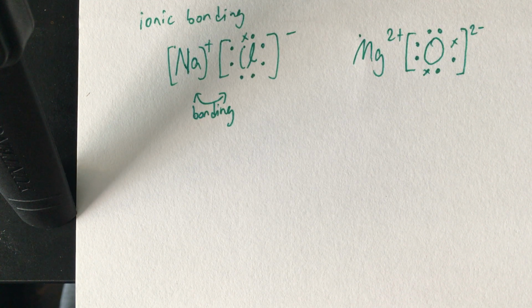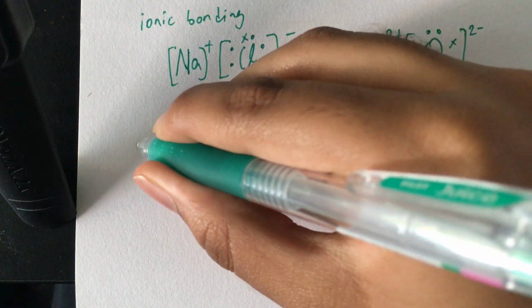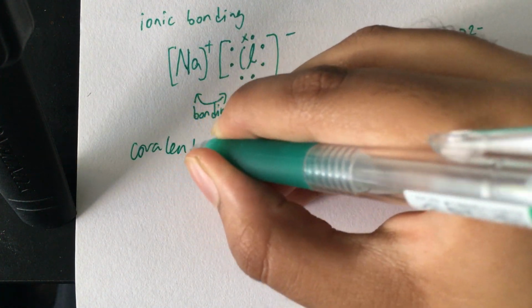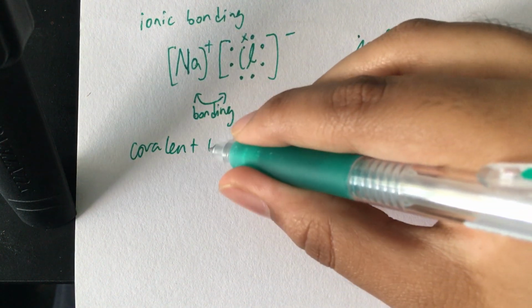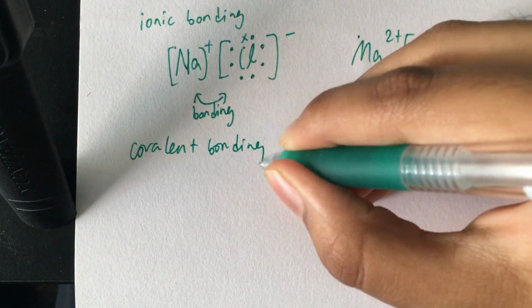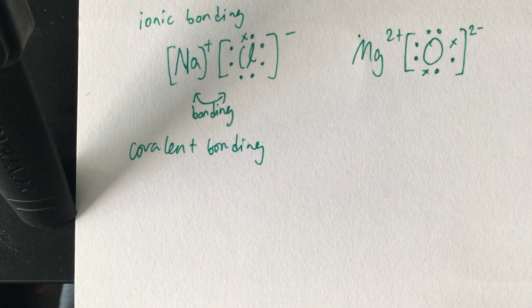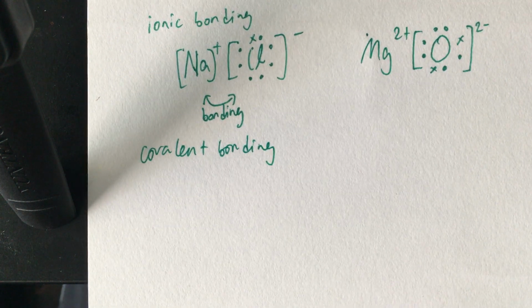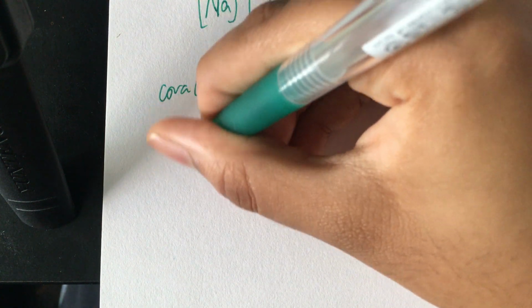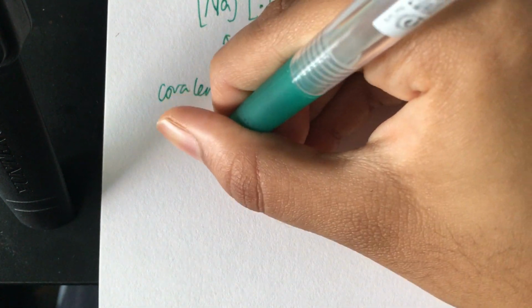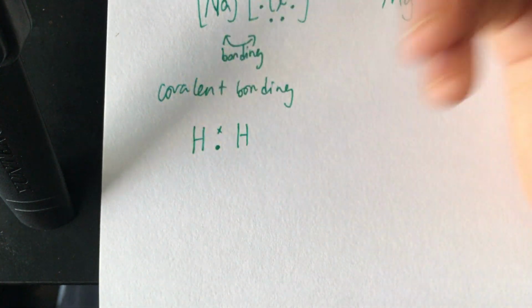So the next one is covalent bonding, as in many covalent compounds like hydrogen, oxygen, nitrogen, chlorine. Basically I just put a whole list of stuff here, but you get the idea. For covalent bonding, you just need to know how each of the covalent compounds are connected. If it's hydrogen, you know it's two hydrogens next to each other.